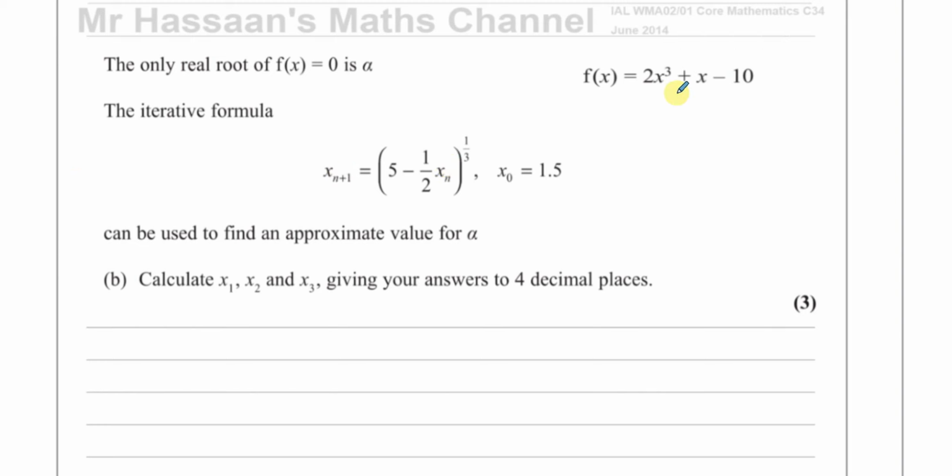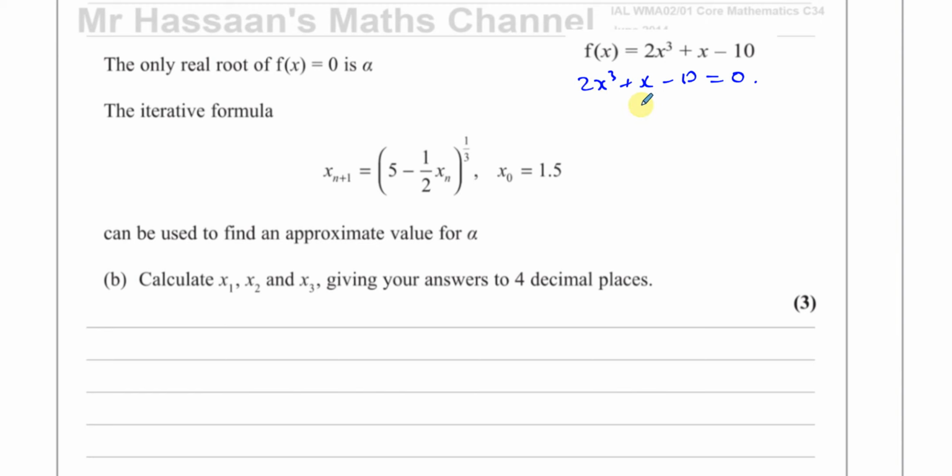What we would do is start off with f of x equals 0, so 2x cubed plus x minus 10 equals 0. It's quite obvious that one of these x's has been made the subject, and it's this x, because you've got a cube root here.